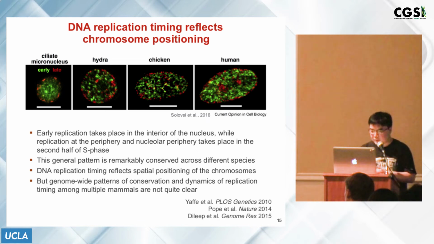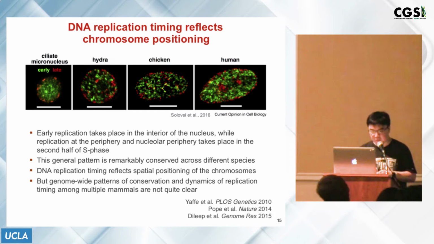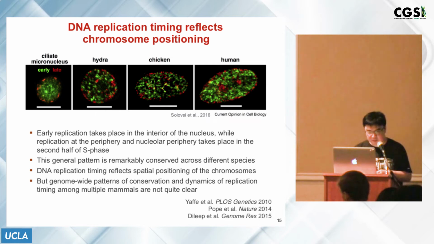There was also early observation demonstrating that DNA replication timing reflects the spatial position of the chromosome. Essentially, if the chromosome is more towards the interior of the cell nucleus, the DNA in those regions will be replicated early during interphase.